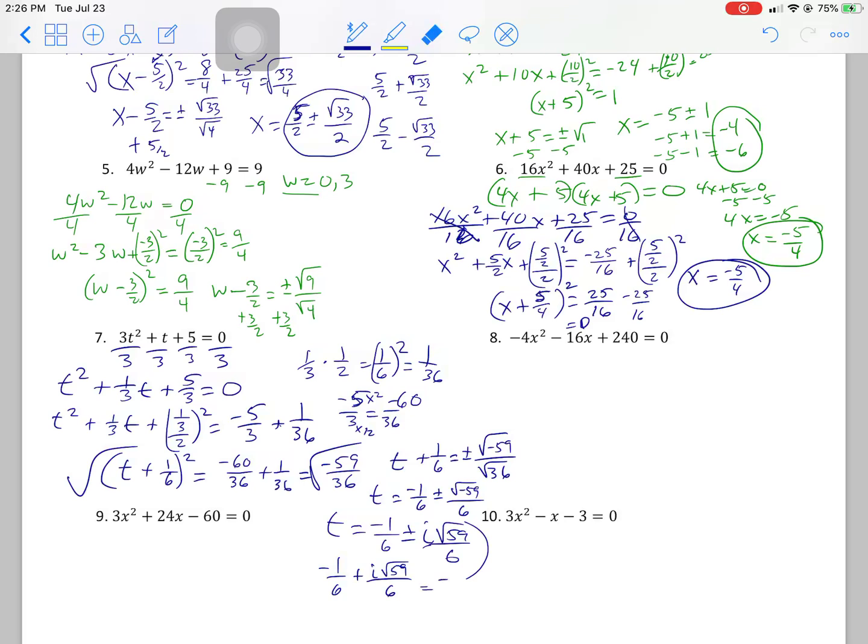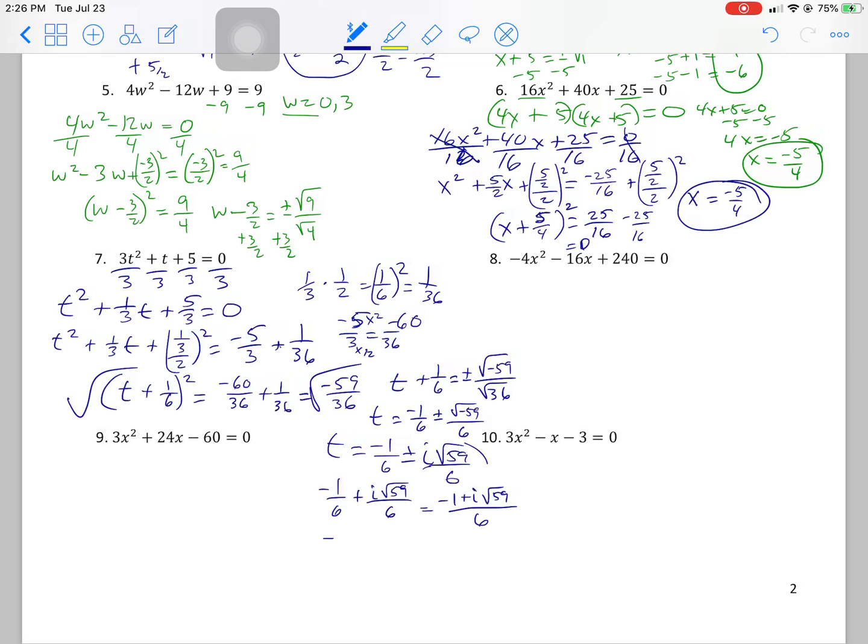That's the same as 1 over 6 times negative 1 plus i square root of 59, if you need it that way. And negative 1/6 minus i square root of 59 over 6. So however you need to write your final answer, that's that. Okay.